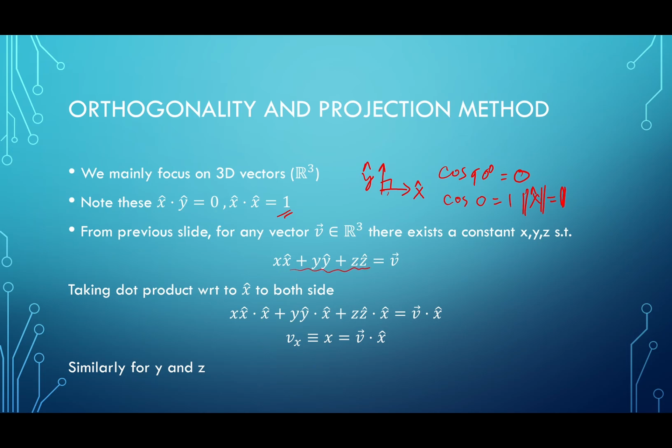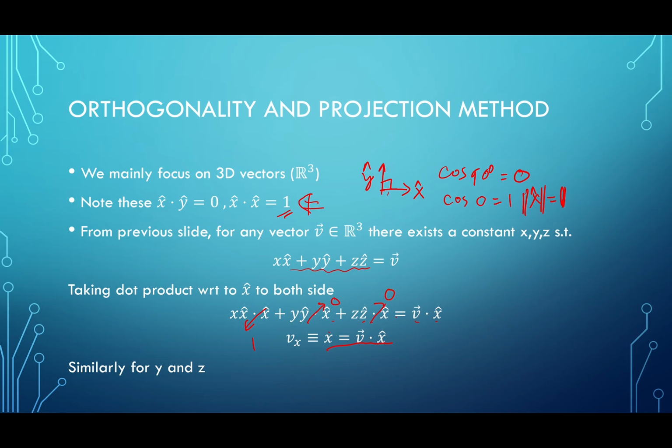Okay. So what happens if we take a dot product with respect to x-hat on both sides? We get this, and then by looking at the properties that we have discussed before, we know this equals 1, this equals 0, this equals 0, and we end up with x equals v dot x-hat.